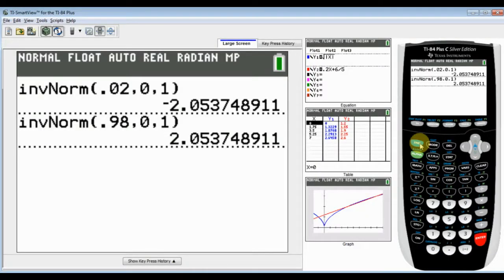Well, 0.02 is the area to the right, so the area to the left is 0.98. But because the normal curve is symmetric, you could do 0.02 and get the same thing, but negative.